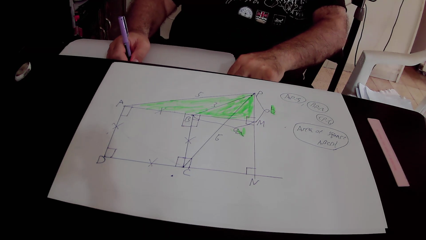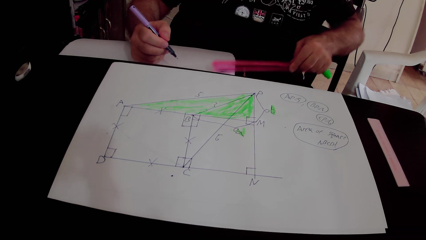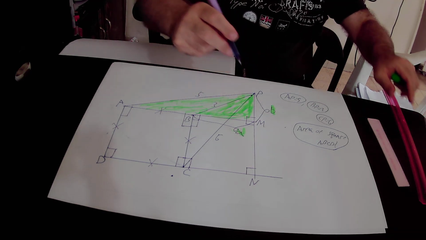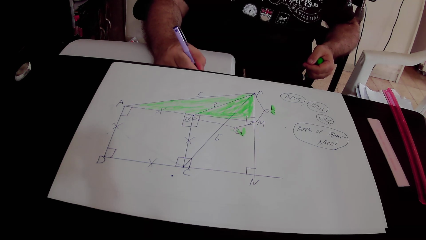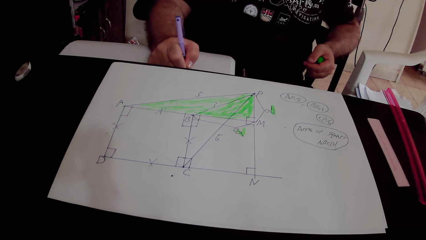And we know that the opposite sides of a rectangle are equal to each other. That is to say, BM equals CN.